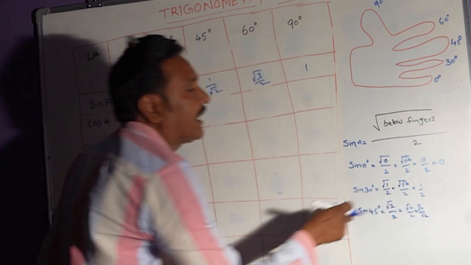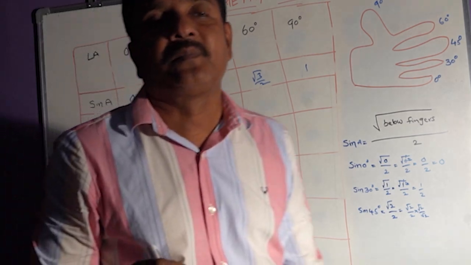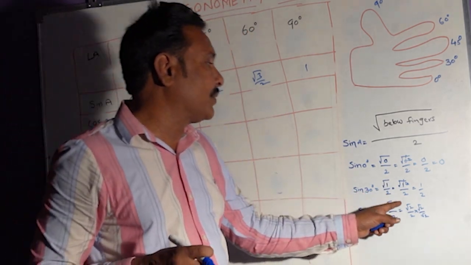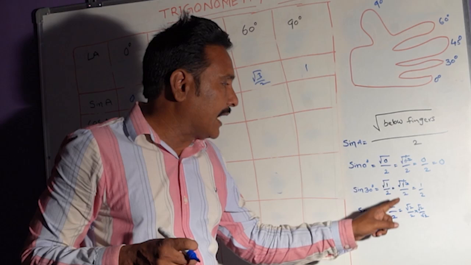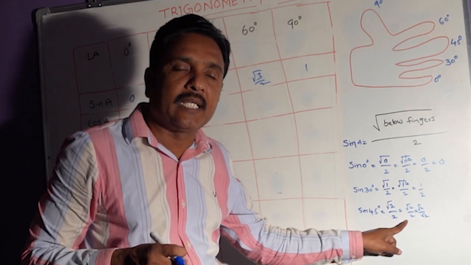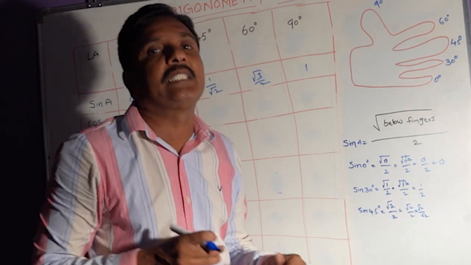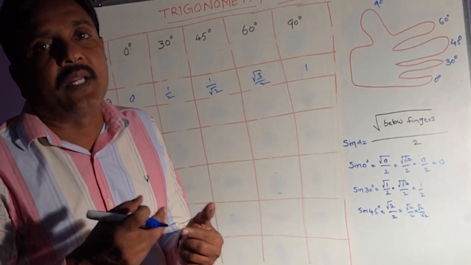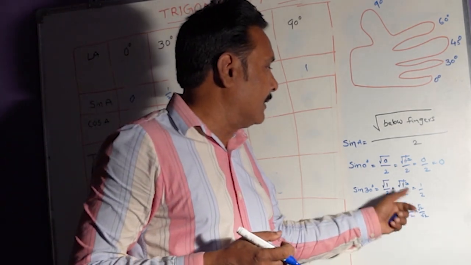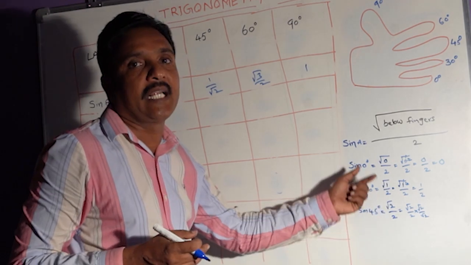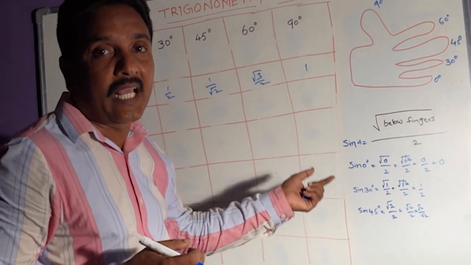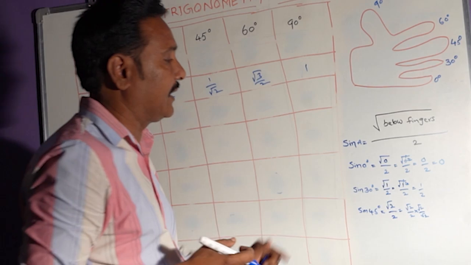Why will I take root 2 by root 2? Then in the numerator place root 2 is there, and in the denominator place 2 is also there. Multiply the numerator place by root 2 by root 2. Then the numerator place has no root value, the denominator place has a root value.